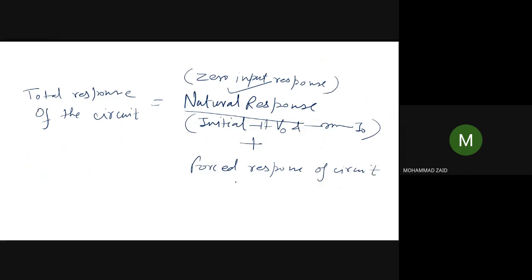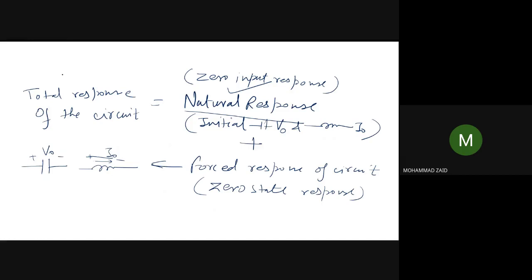It is also known as zero state response. That means for forced response, the initial capacitor voltage, that is V0, and initial inductor current, that is I0, will not play a role in deciding the final values which the capacitor voltage and inductor current will have.